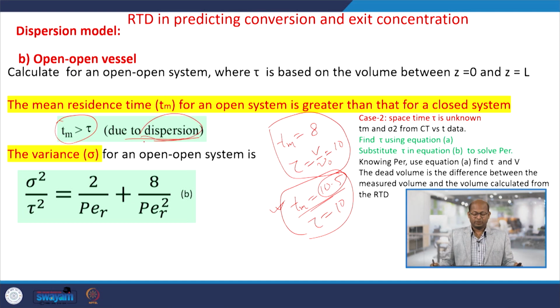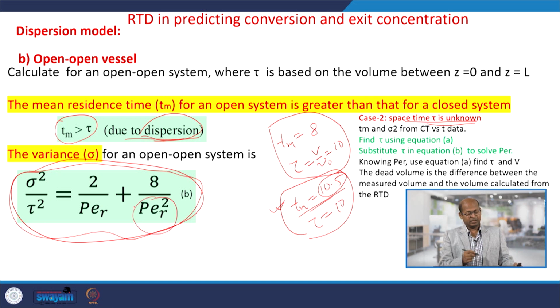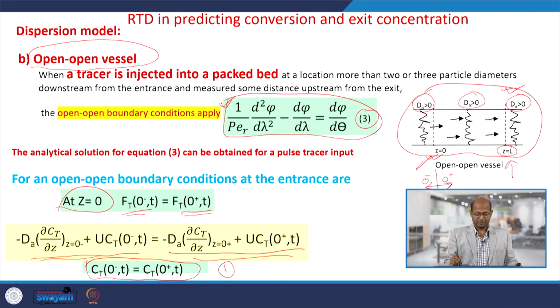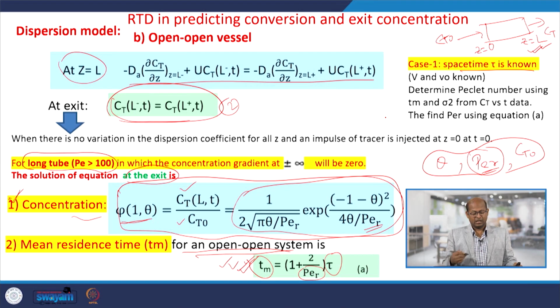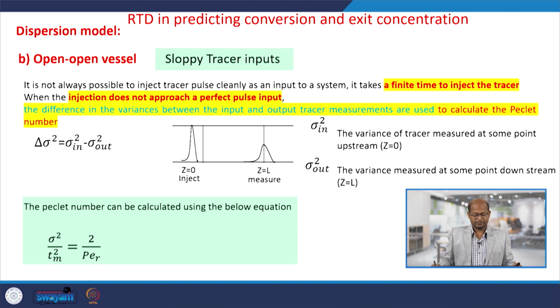Okay. In that case we can use these correlations, and there is another correlation for when the space time is unknown. We can find out the Peclet number, and with that Peclet number we can use equation 3 that we have developed to solve for the dimensionless concentration. Okay.